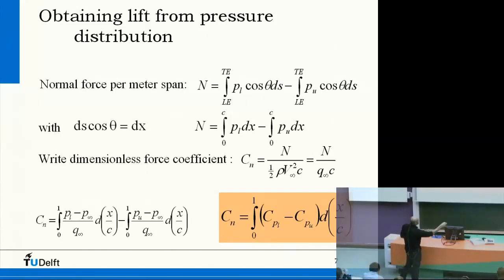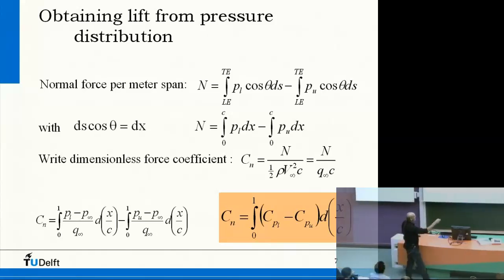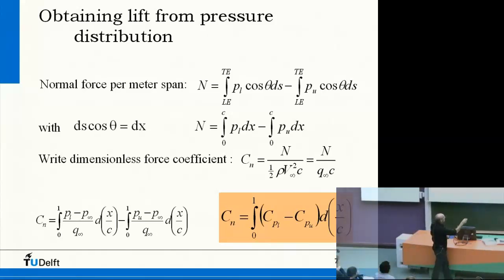Thus the normal force is the integration from 0 to c of p lower dx minus p upper dx. So in fact it is the area between the upper and the lower pressure distribution that we integrate. The bigger this area is between the two, the bigger the normal force is.